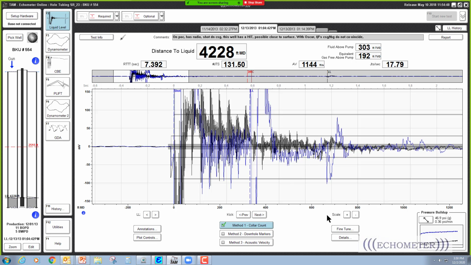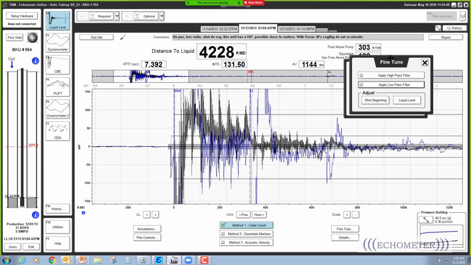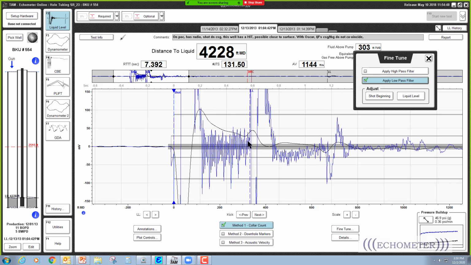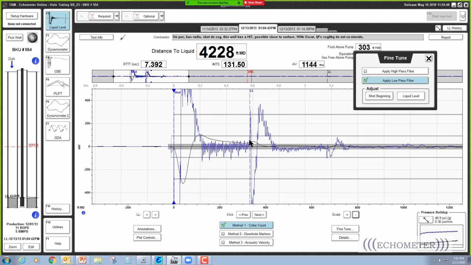When I turn the low pass filter on, you see that it's a lot of noise. If I apply the low pass filter, now I can start to see the upkick from the low pass filter, and then let me scale this down just a little bit more. There is the kick from the hole, and they're in the same place.